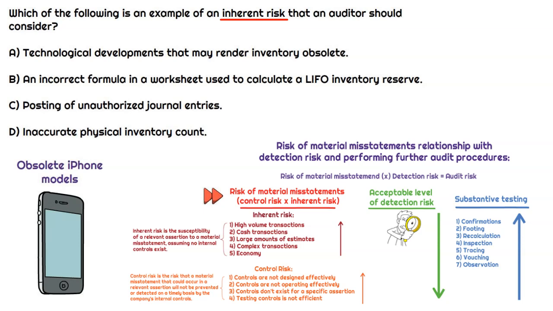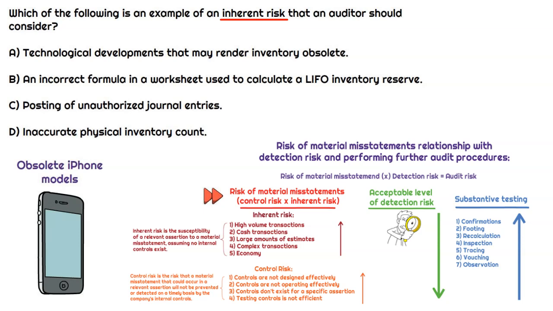How about an incorrect formula in a worksheet used to calculate a LIFO inventory reserve? Well, that's something that actually can be controlled by the company as a risk, right? The risk is that it's incorrect, so they can put a control in place to make sure that this LIFO inventory reserve worksheet is properly checked for formulas.